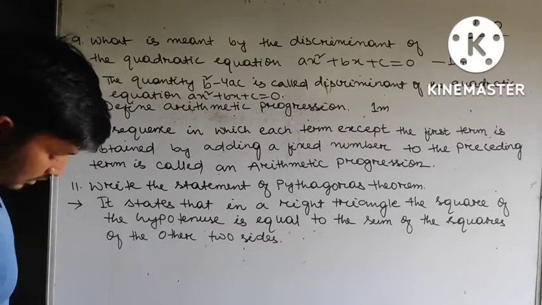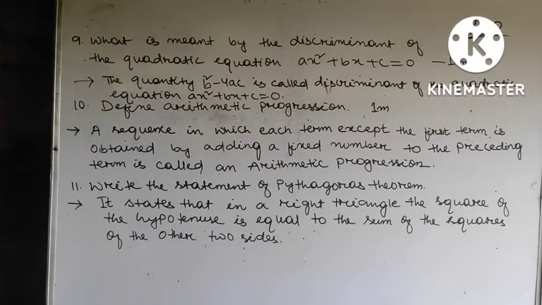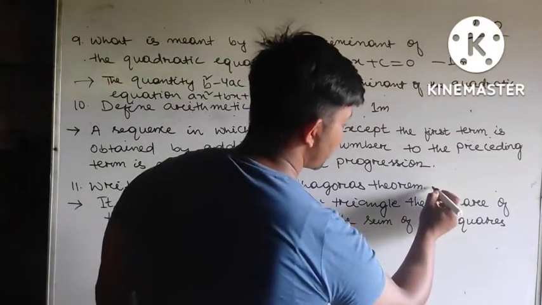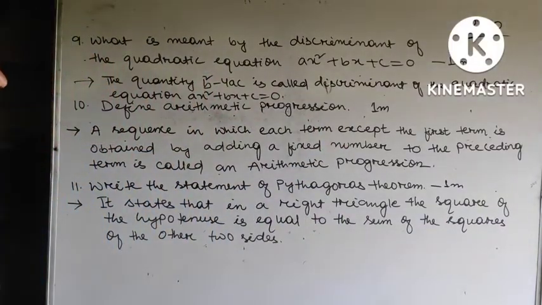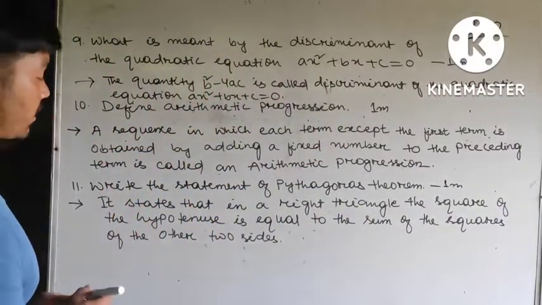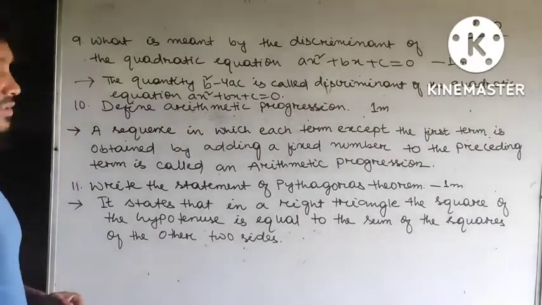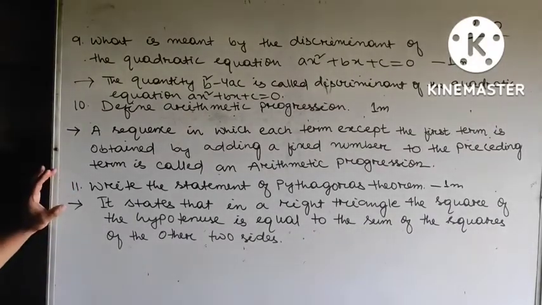After that we have question number 11. This is also a statement: write the statement of Pythagoras theorem. This is from chapter 7, and this is also for 1 mark. I mentioned earlier that there will be 13 questions for 1 mark, so we are on the 11th question.